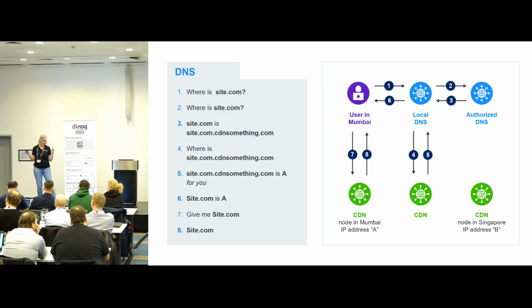Well, site.com is site.cdn.something.com. And then the local DNS server asks the CDN, hey, where can I find site.cdn.something.com? And then they tell me, hey, well, for you, DNS server, that site is at site number A, and then the end user is finally redirected to ask A, hey, give me my content, and it gets the content.